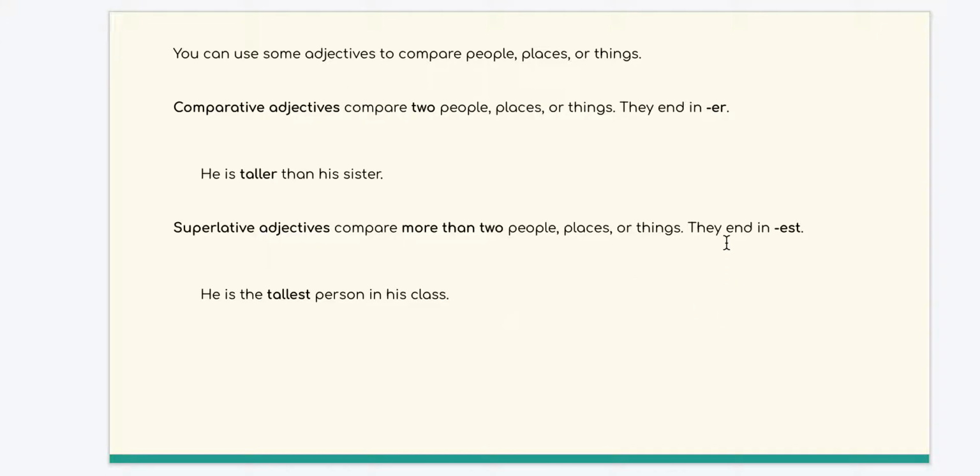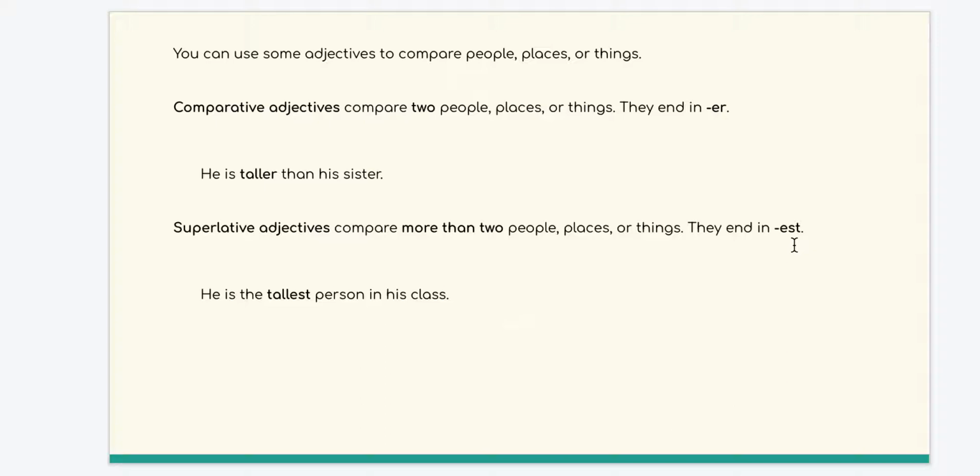Now our superlative adjectives, they're going to end in EST. So notice here too, our comparative adjectives compare two people and it ends in ER, which are just two letters. But our superlative adjectives that compare more than two people, so three or more, end in EST. Now that's three letters, if that helps you memorize.